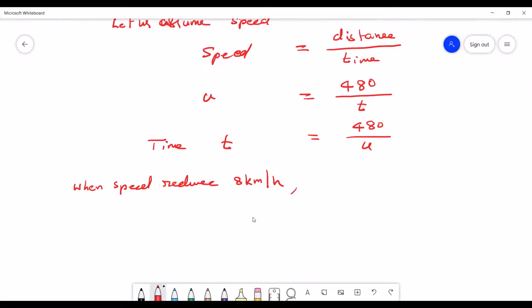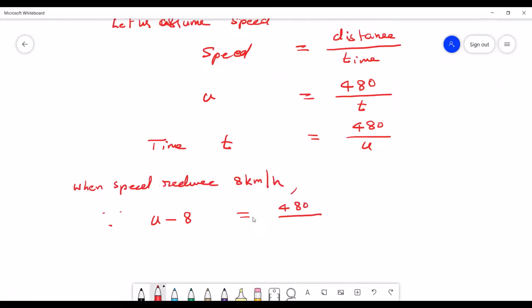Then what will happen? u is reduced to u minus 8, and the time will be increasing.